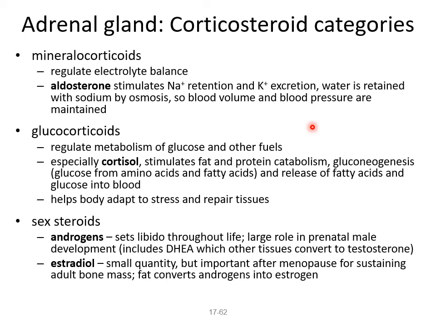Androgens set the libido throughout life, and play a large role in male development. Estradiol is in small quantities in men, but plays a major role in women, especially after menopause, for sustaining adult bone mass.